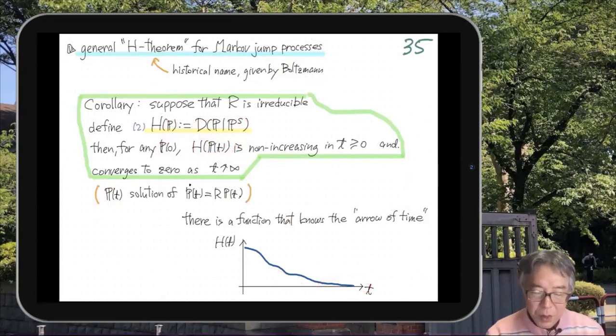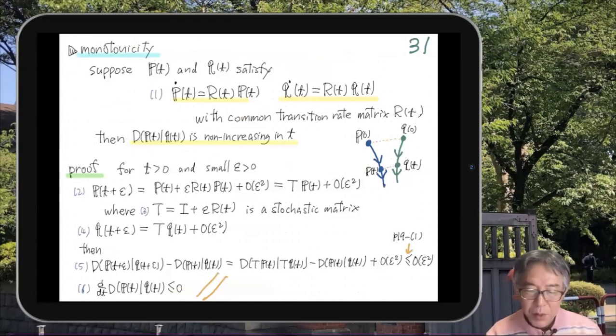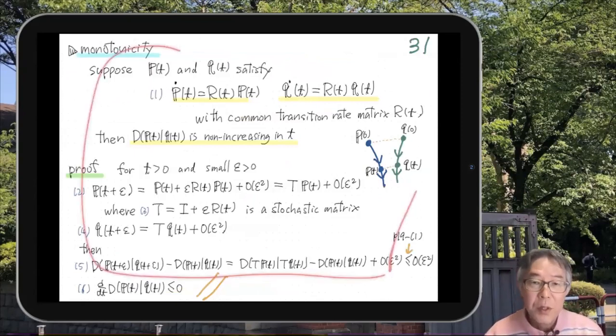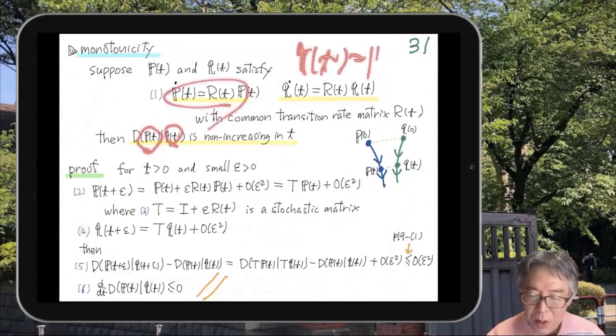And how about monotonicity? Again, it's very easy. It follows from the monotonicity that we discussed in page 31. In this case, we consider two solutions of the master equation. Now Pt is Pt, but as for Qt, we choose the stationary distribution itself. Of course, the stationary distribution itself is a solution of the master equation, right?